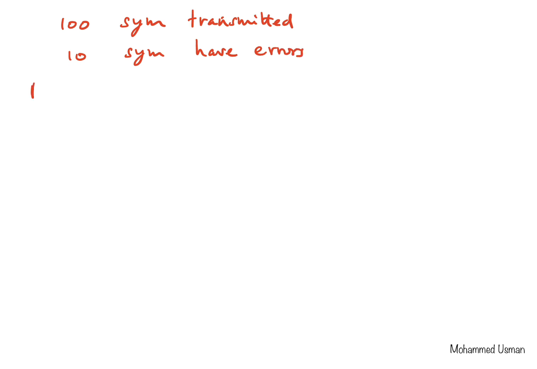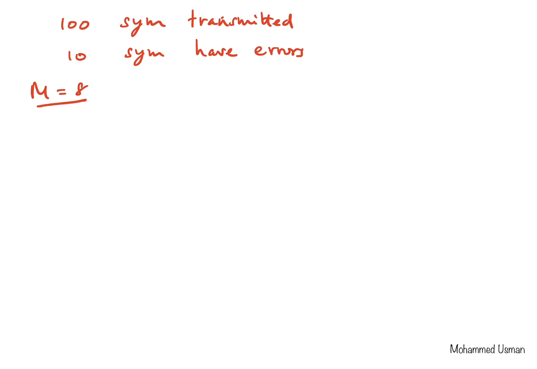So we will use the same setting that 100 symbols are transmitted, and out of the 100, 10 symbols have errors, and we will use m equal to 8.